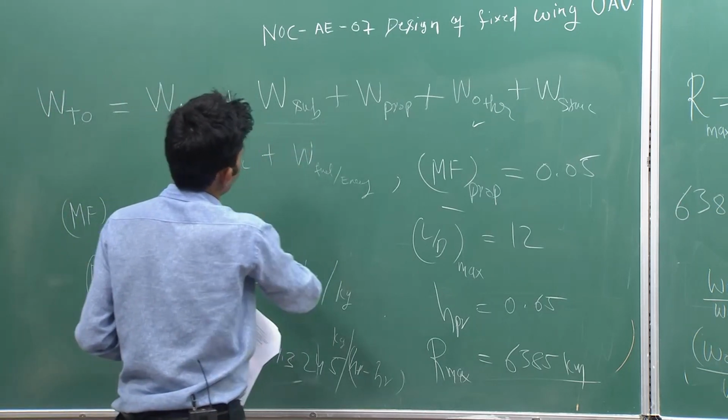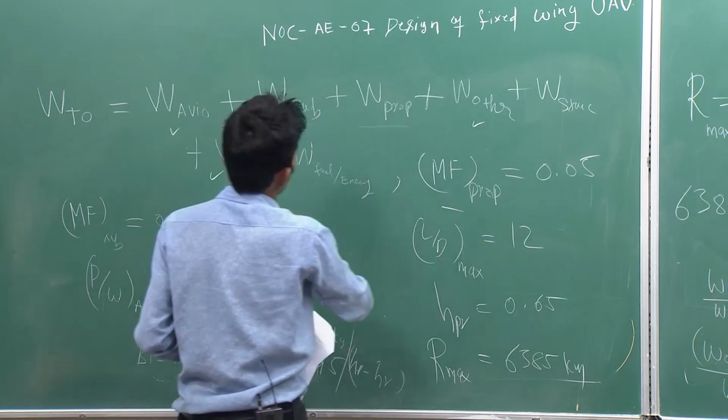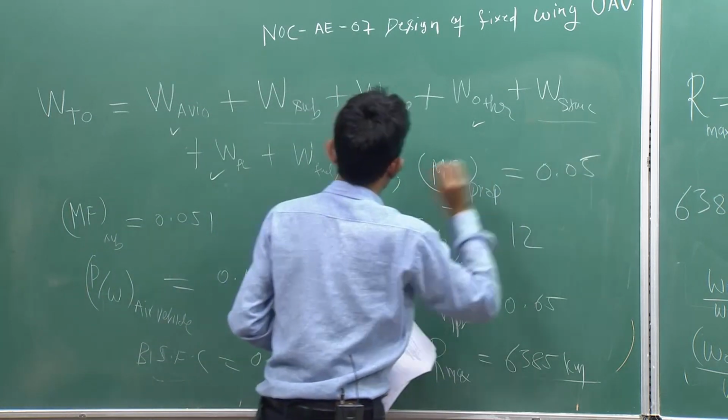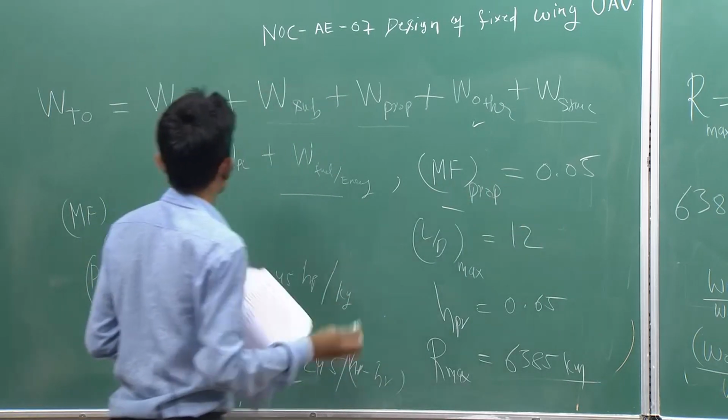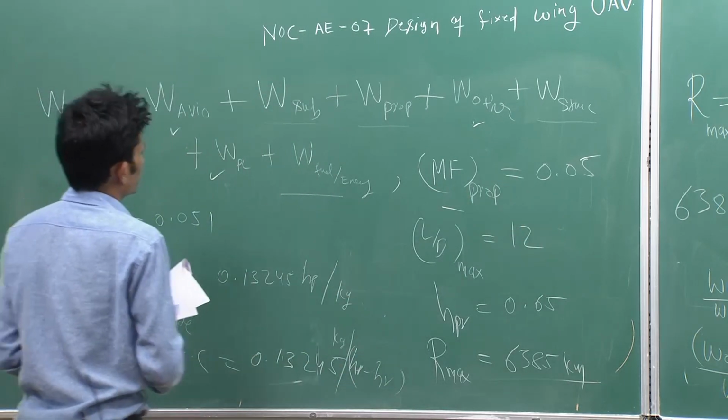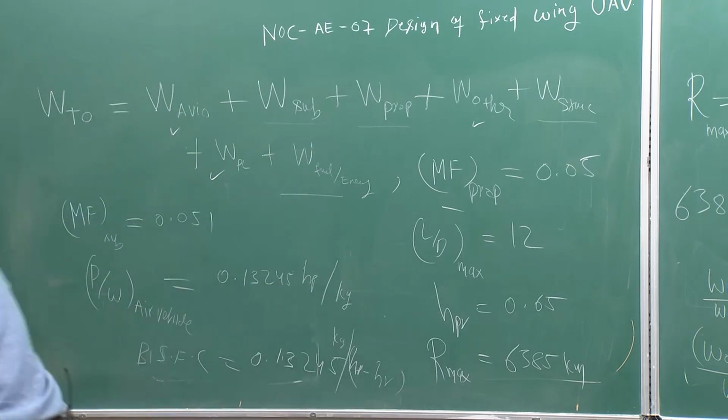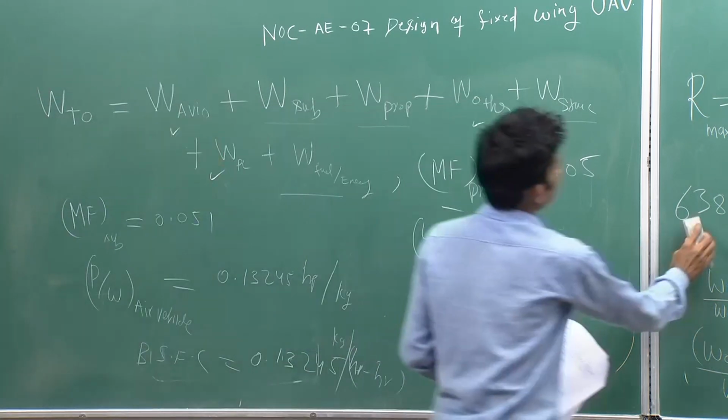And the remaining terms are expressed in terms of mass fraction ratio. So, this equation if you manipulate, then what will you get?